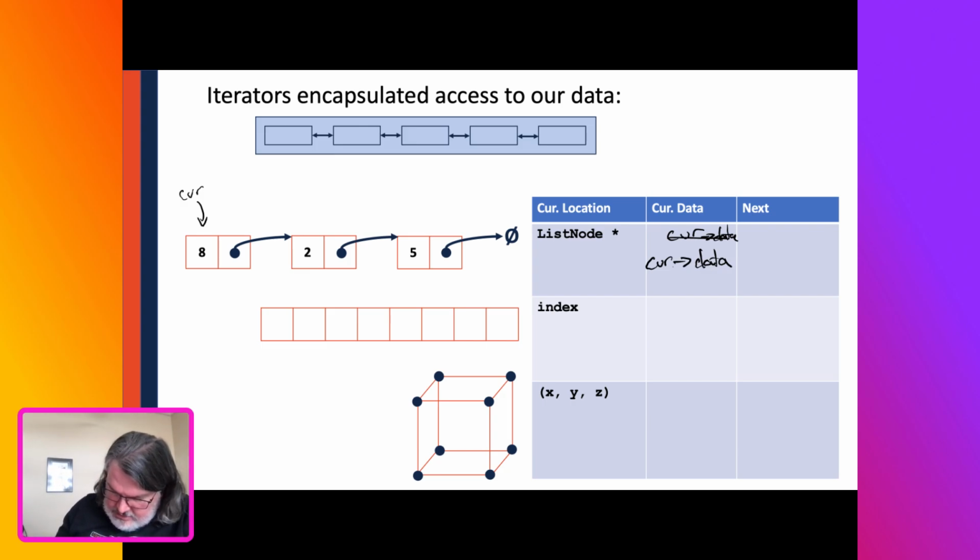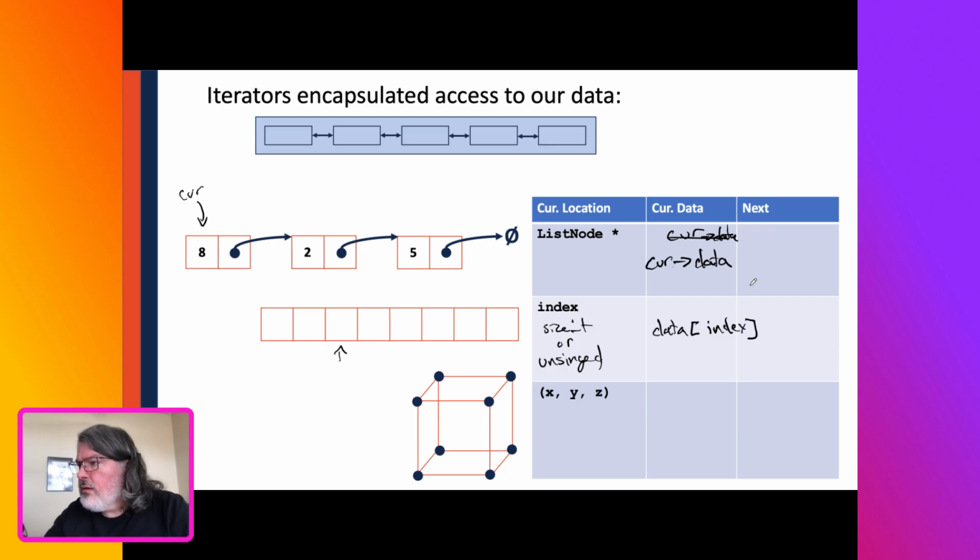So in an array, to access this element, we would have index, which is presumably a size_t or an unsigned, and to access the data, we would have data, square brackets, index. Yeah, the slides also are lagging, and I apologize.